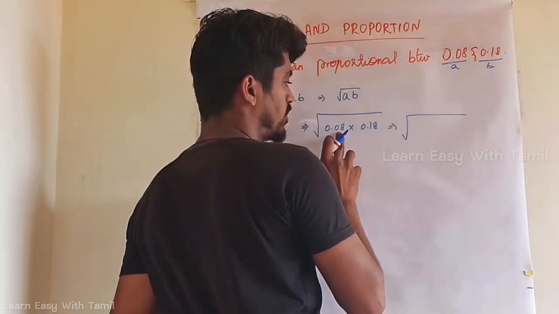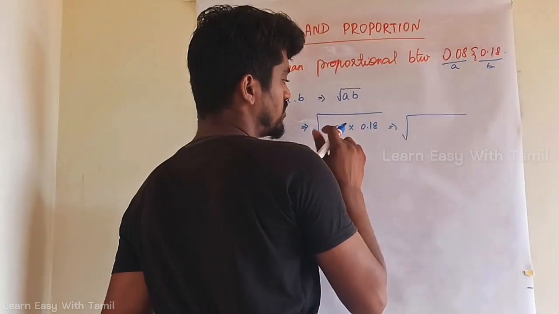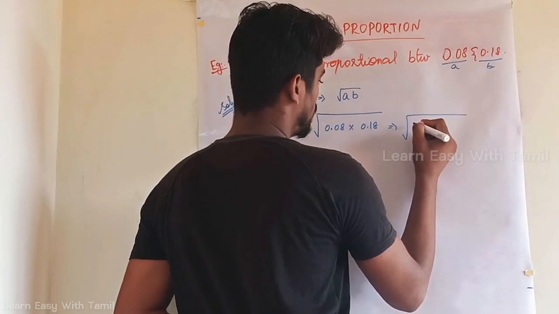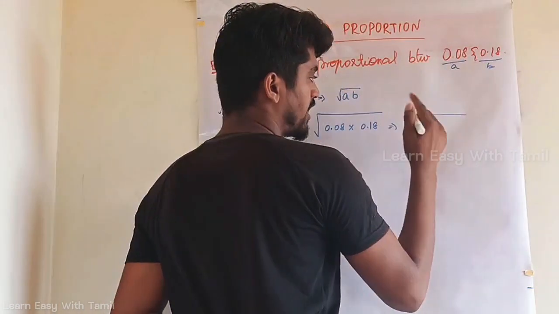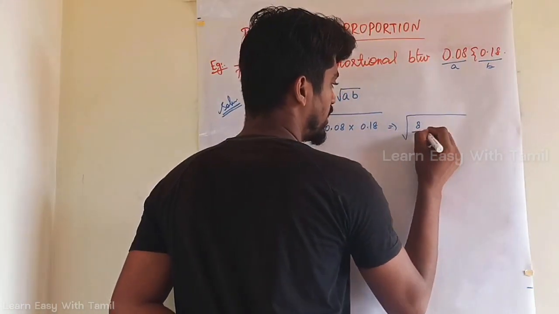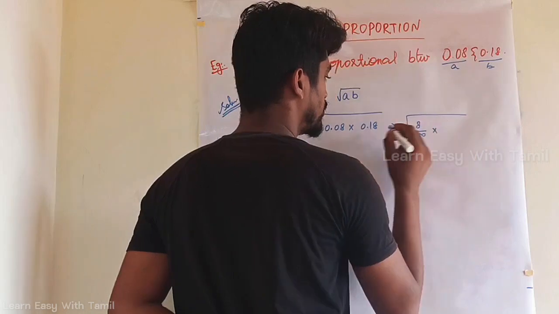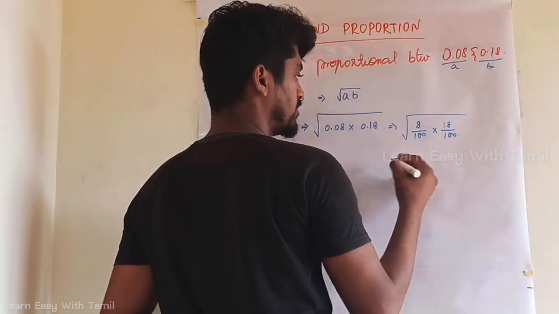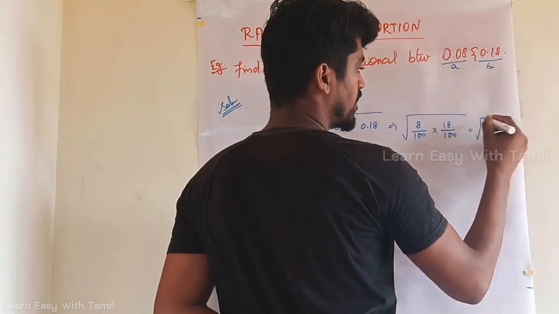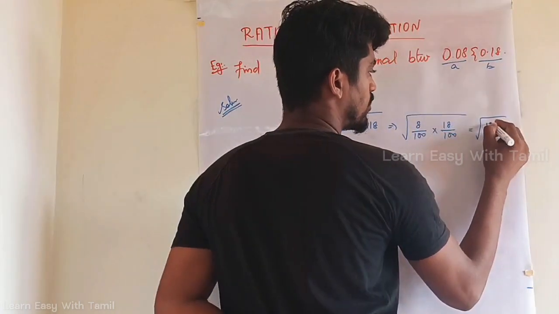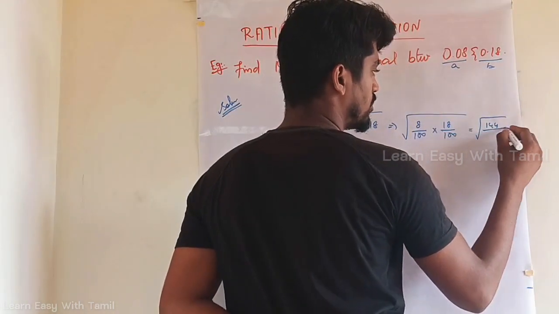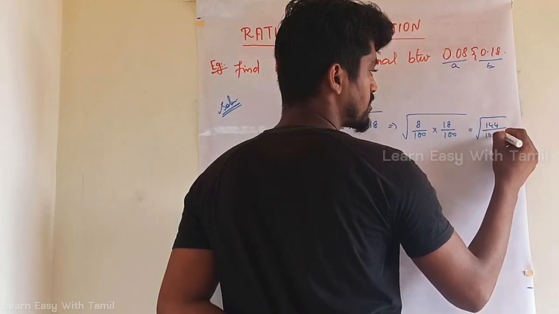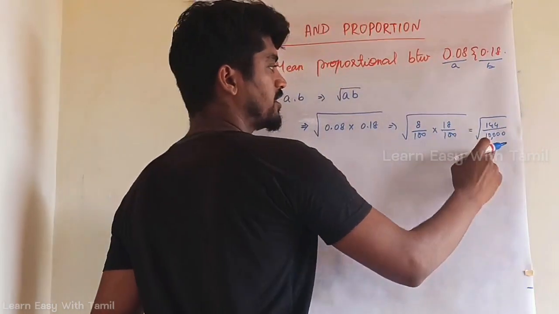We have to convert this decimal into a fraction. So 0.08 has two digits after the dot, so we have to multiply and divide by 100. 8 by 100 into, here also the same, 18 by 100. The multiplication of the numerators is 144, divided by the denominator 10,000, that is 100 into 100.